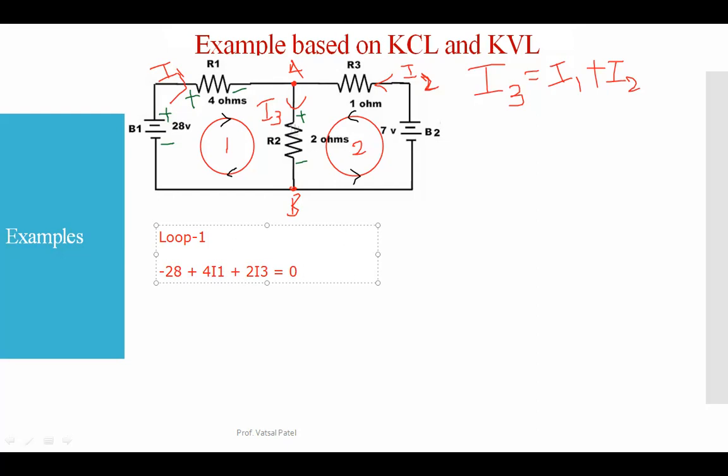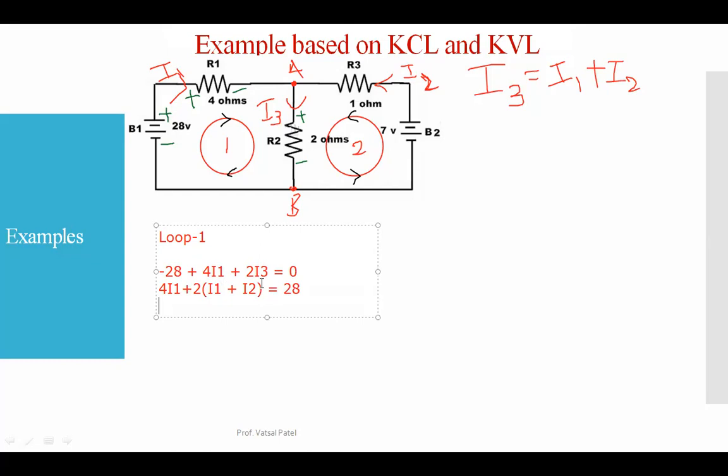Tell me if you have any confusion or any doubt here. So can we go ahead now? Yes or no? If I rearrange this equation, what can I write? 4I1 plus 2 times I3. What is I3? Can I write I1 plus I2? So it is I1 plus I2, equal to 28.